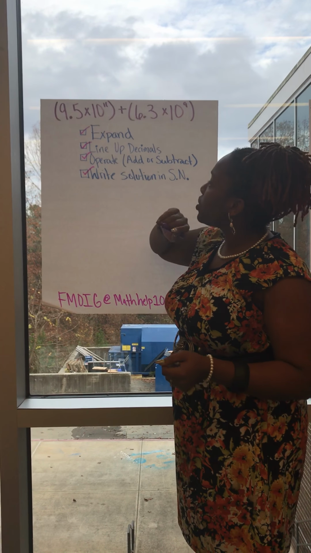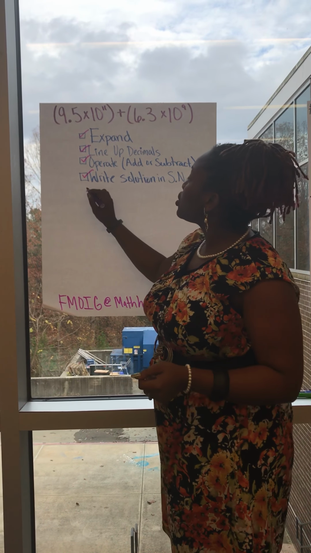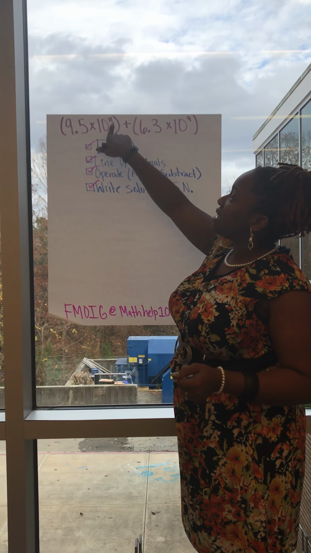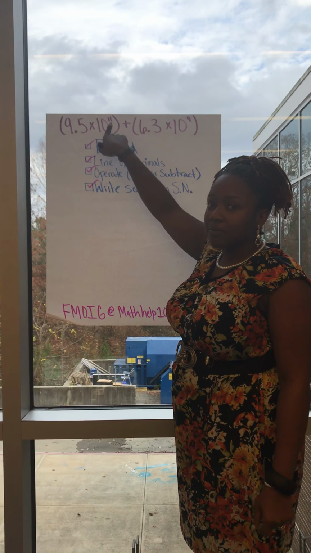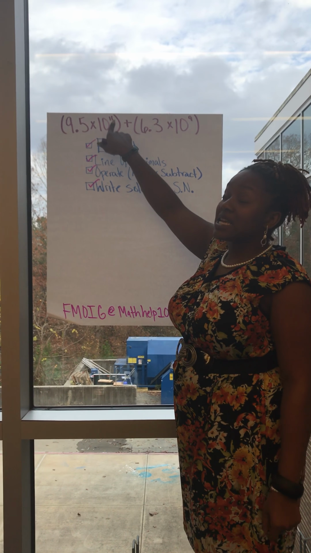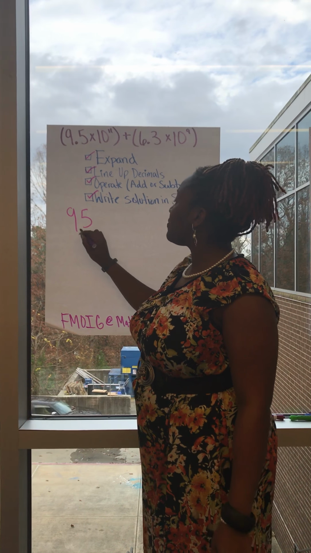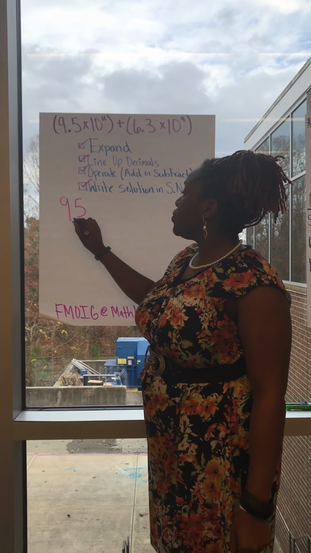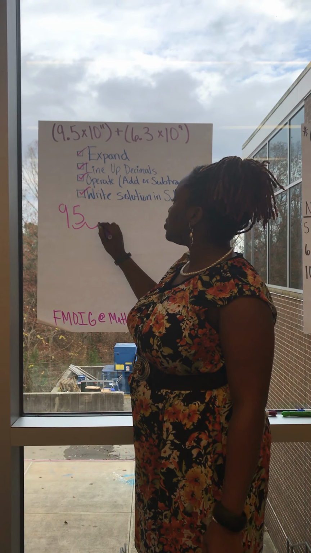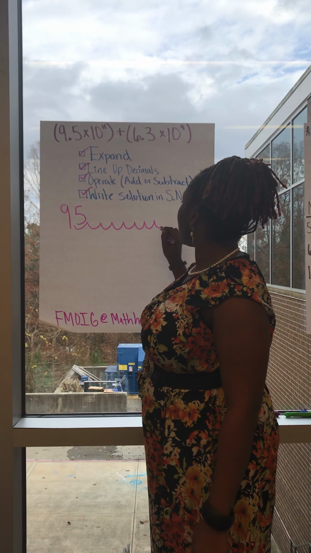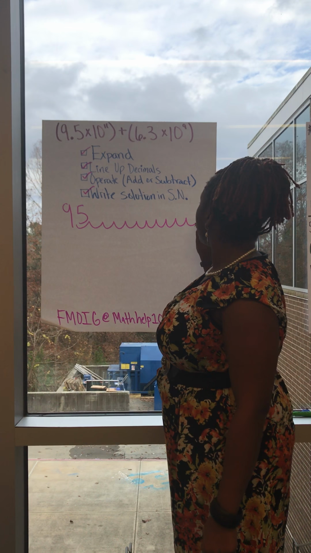So let's do that. Expand both of these numbers. We know that 9.5 times 10 to the 11th is a really big number because our exponent is positive. So 9, 5, and if the decimal is here, I have to move it. 1, 2, 3, 4, 5, 6, 7, 8, 9, 10, 11.